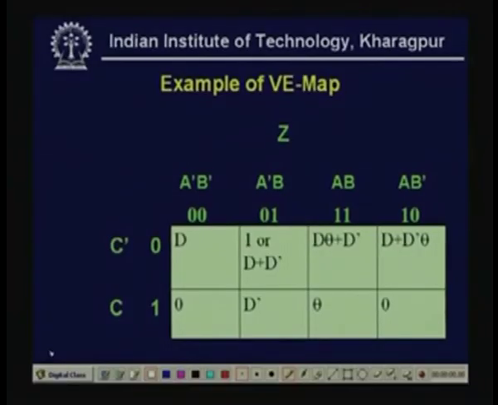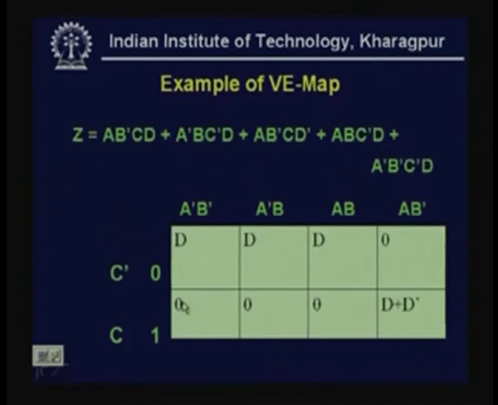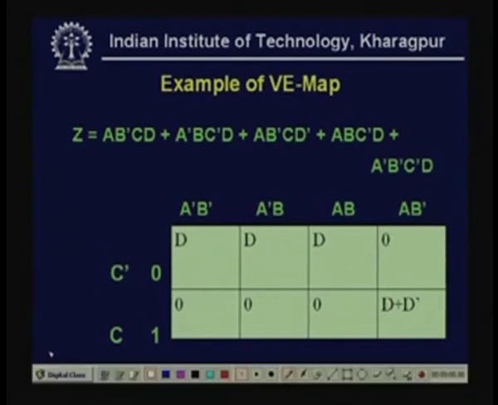So, this is the concept of the map entered variable. So, this is another example of the 4 variable, and here simply D we have considered as the map entered variable. So D is MEV.